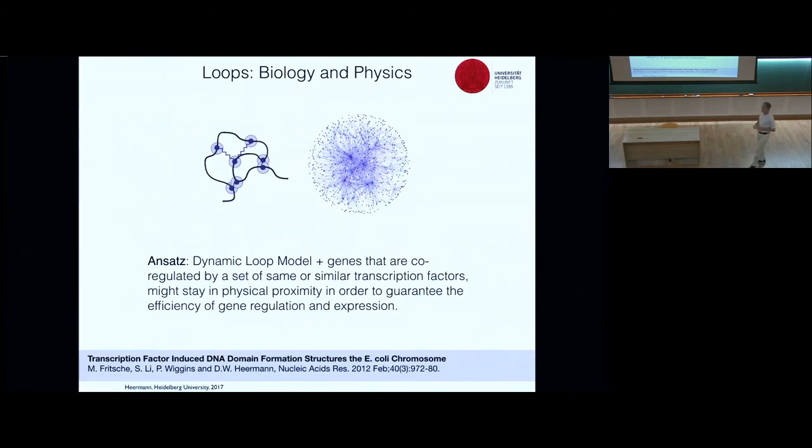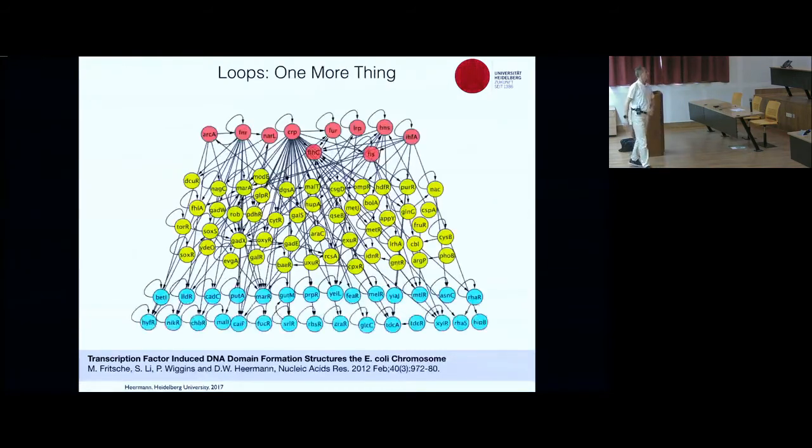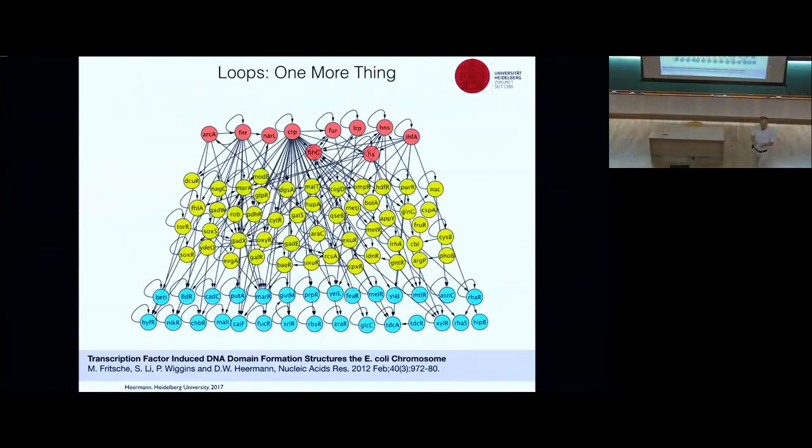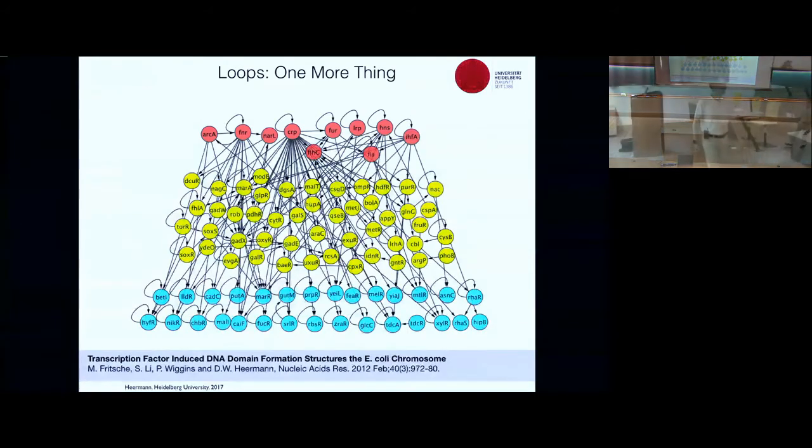Now with this ansatz, with the loops and with the physical proximity, we order the transcription factors such that the ones which regulate most of the others we put in the center, and then we do a progression to the outside, where less transcription is regulated by these transcription factors. So we have a hierarchical structure of this transcription factor network.